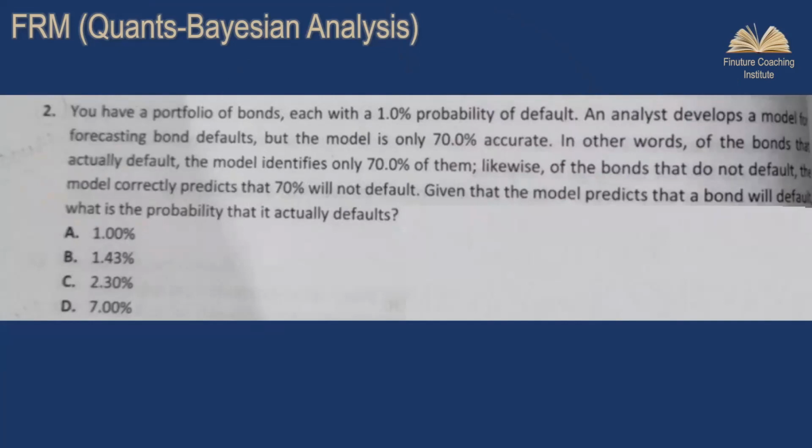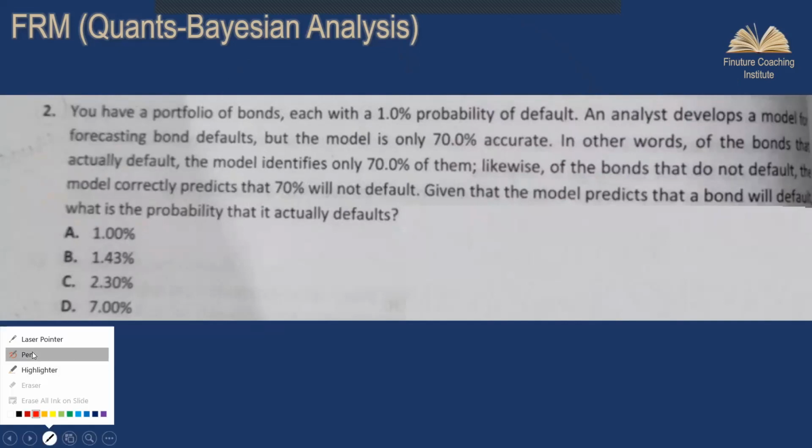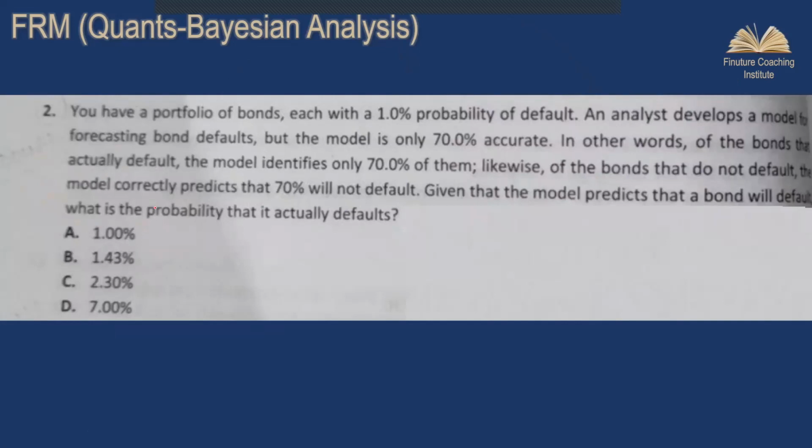Let me turn on the pen so that I can highlight the correct information. So you have a portfolio of bonds with a probability of default of 1%. 1% is your probability of default.